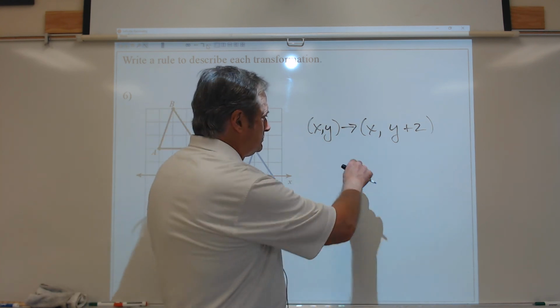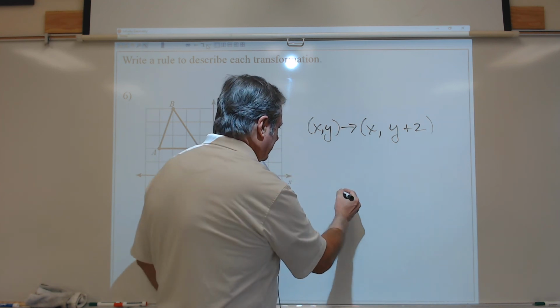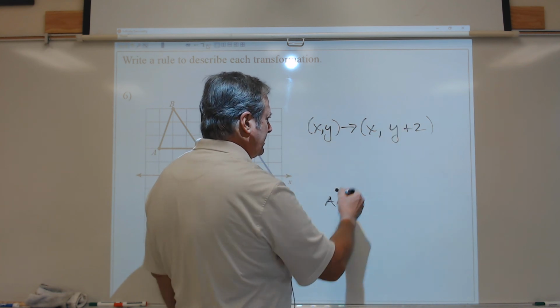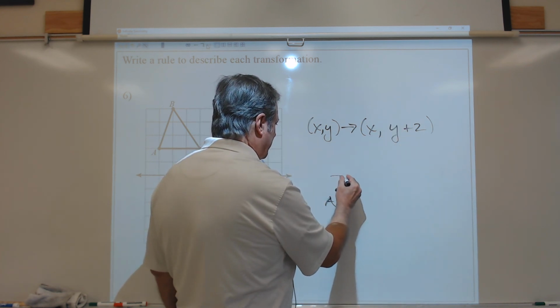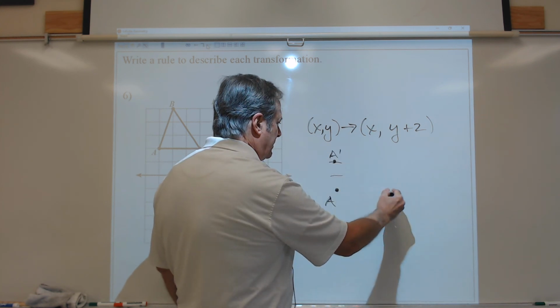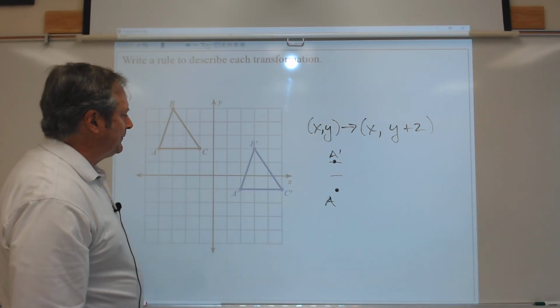Well, you don't go right or left. You just stay the same. For instance, if this was point A and we were to translate it with this rule, A prime would simply be up 2 units. It wouldn't have gone left or right.